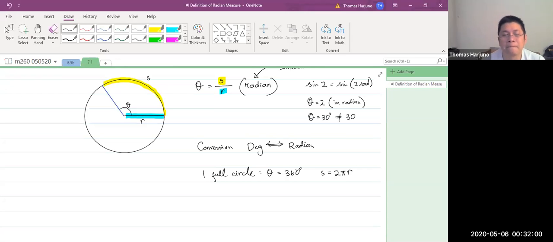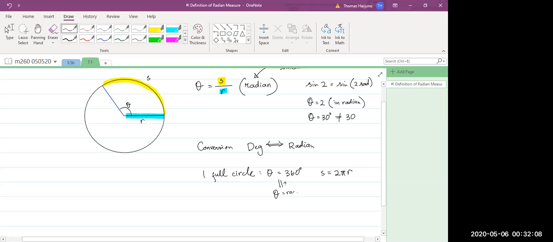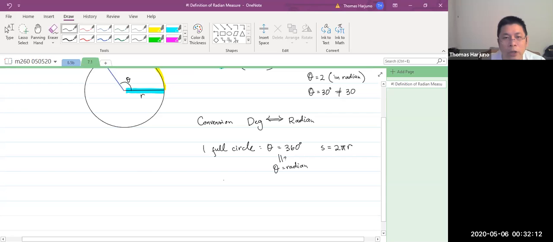The question is, what is that in radian? Now we know that theta equals S over R. So the angle in radian for one full circle is 2 pi r over r.